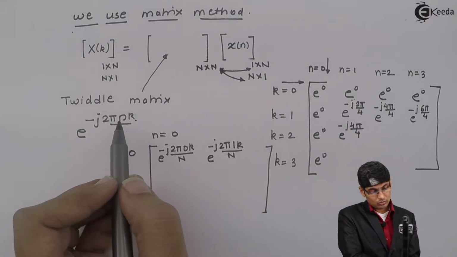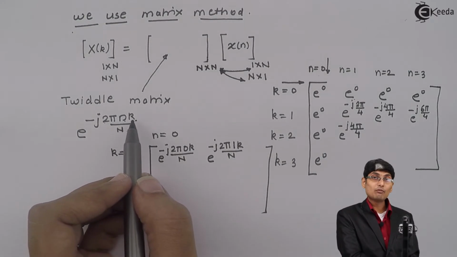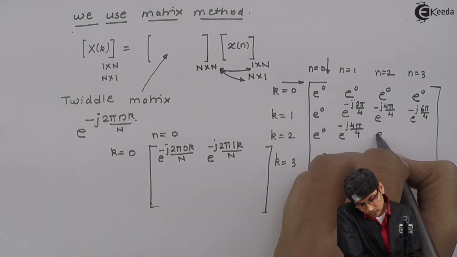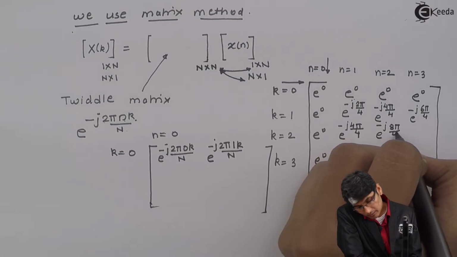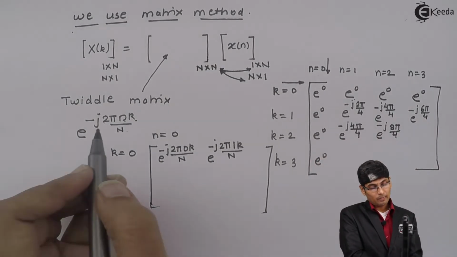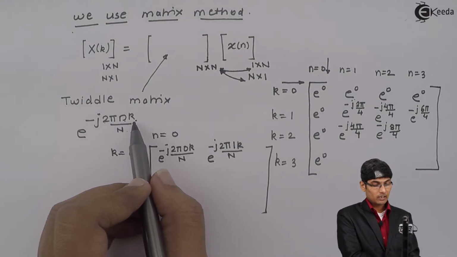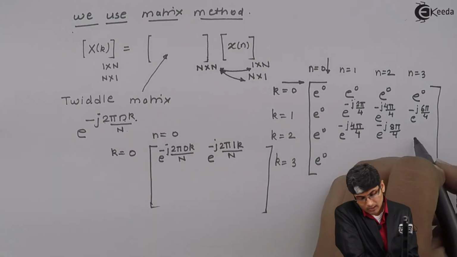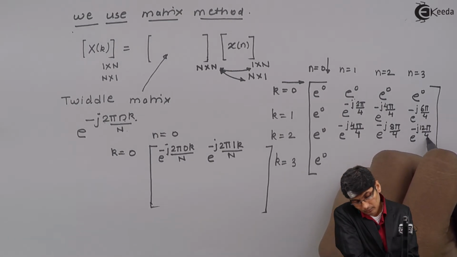Now n is 2 and k is also 2. So 2 into 2 will first give me 4, 4 2s are 8. So e raised to minus j 8 pi by 4. Then I will go for n is equal to 3 and k is equal to 2, it will give me 6, 6 2s are 12, e raised to minus j 12 pi by 4.